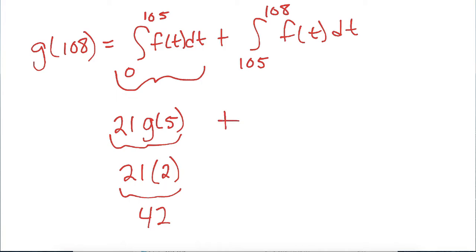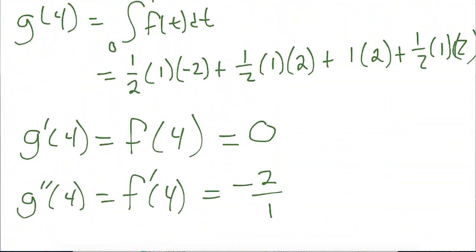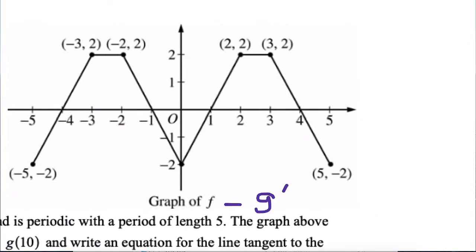Now, 108. So let's go back up to our graph, and I want to reset this graph. What I want you to think about is this. I'm not going to think about that being the x-axis.